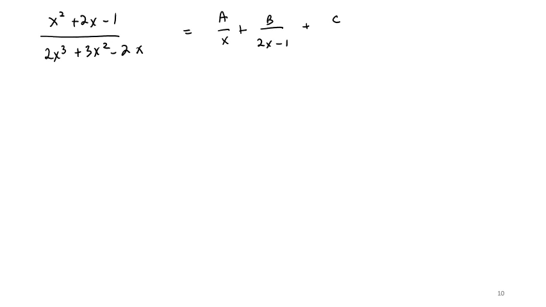So your original fraction becomes a over x plus b over 2x minus 1 plus c over x plus 2, and we have found the values of a, b, and c earlier. a is 1 over 2, so you put 1 over 2x here. b is 1 over 5, so you have 1 over 5 times 2x minus 1, and c is minus 1 over 10, so you get minus 1 over 10 times x plus 2.